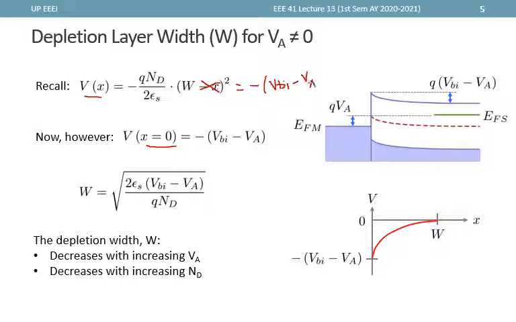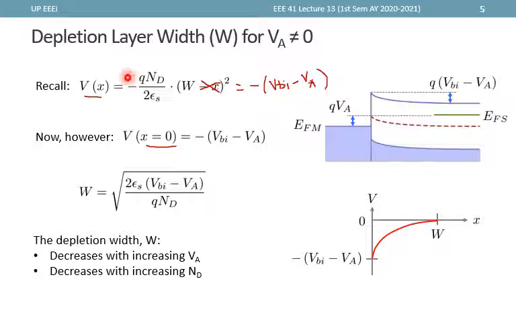With this, we can solve for W. So W is simply equal to the square root of (VBI minus VA) times 2 epsilon s over q N_D. So this negative sign canceled with this negative sign.